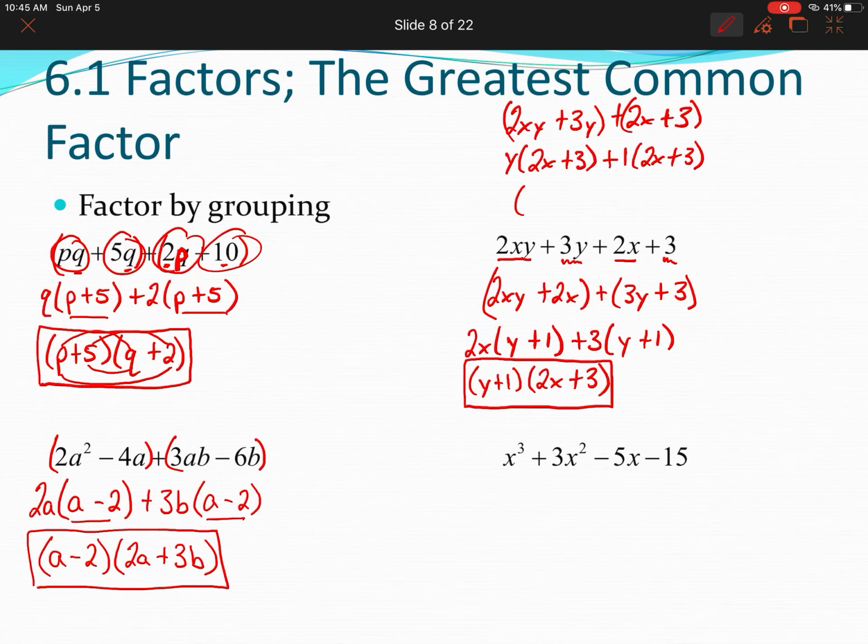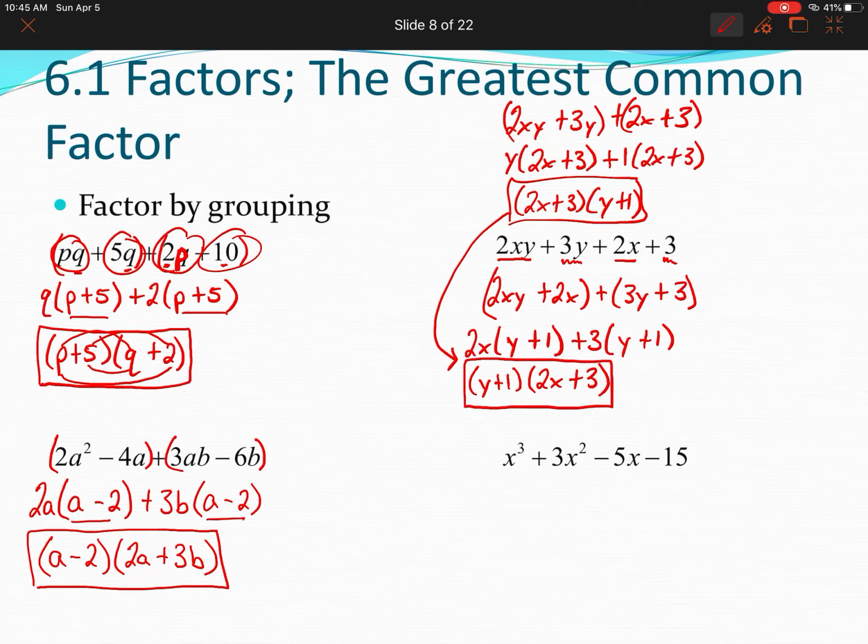And when you take out your common factor, you would have had 2x plus 3 as the common factor with y plus 1 with what's left. Now, notice this is the same thing as that. The only difference is the order of the binomials, and the order of the binomials doesn't matter. As long as you have the right terms together, you're fine.